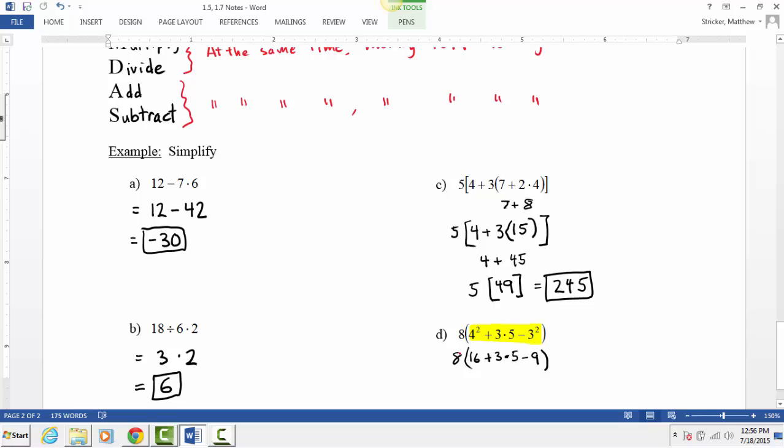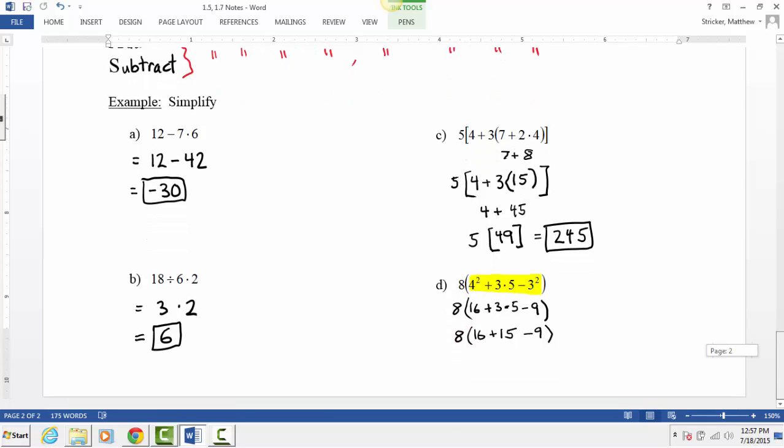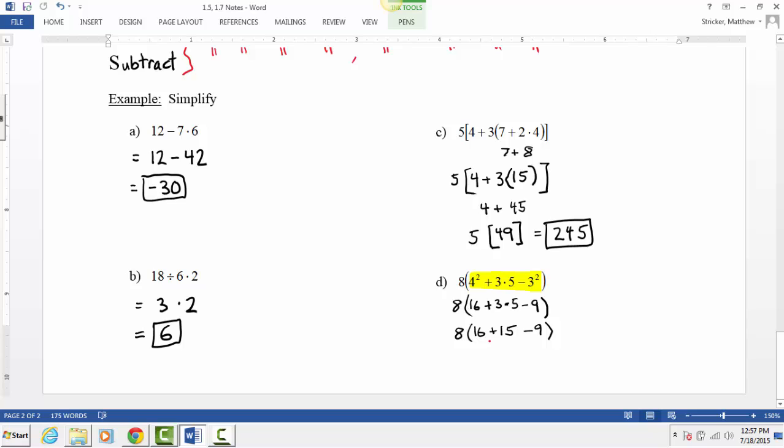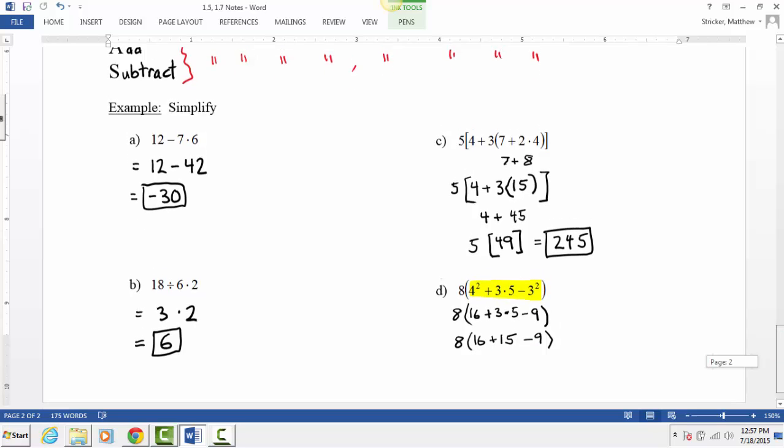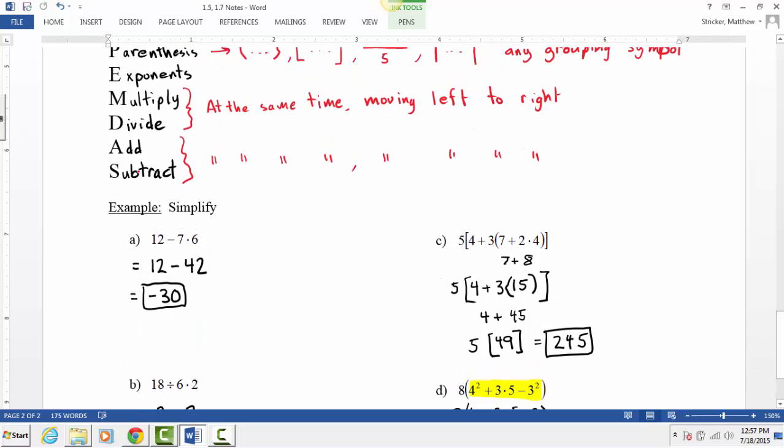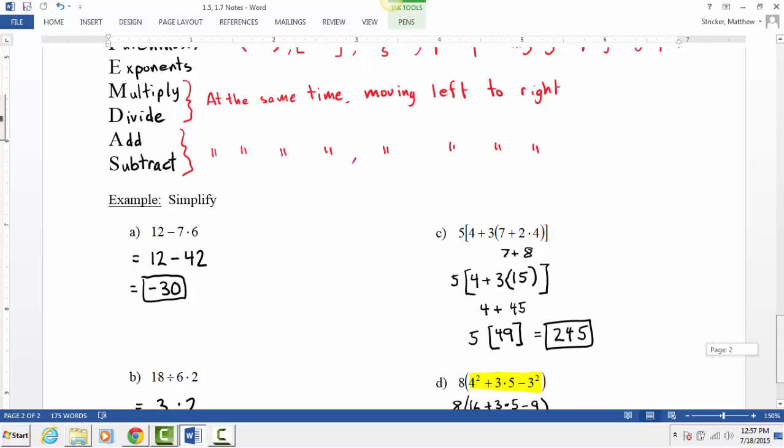Now we keep going with order of operations. I have add, multiply, subtract. I multiply. So this is 15. So we have 16 plus 15 minus 9. And then now we're just to add and subtract. So remember with PEMDAS, add and subtract at the same time, but we move left to right.